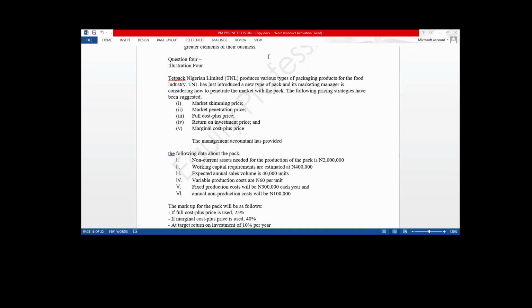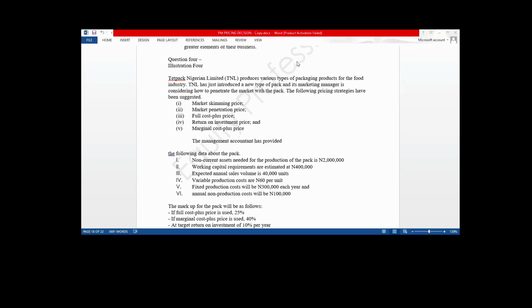A company charges a low price when a new product is introduced to the market for the first time. And for the company to succeed, it must be a cost leader. Being a cost leader implies that the company should be able to produce at the lowest possible cost of production. All right, that's great. That's fine.